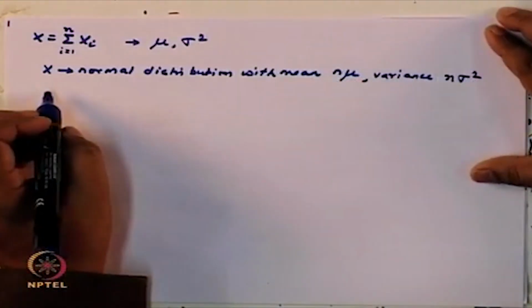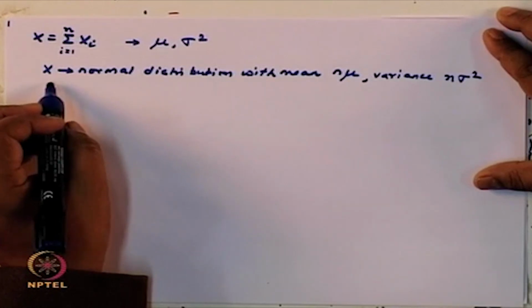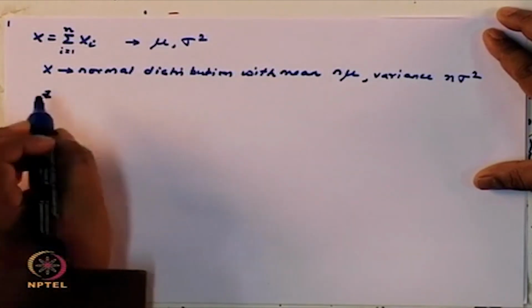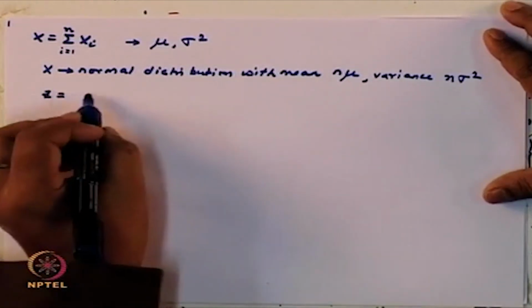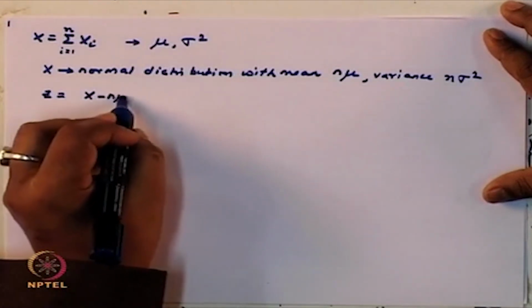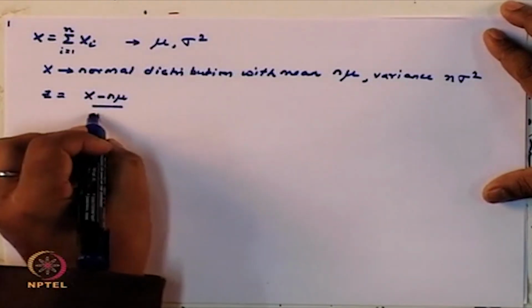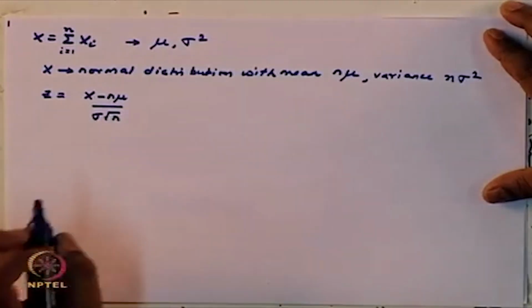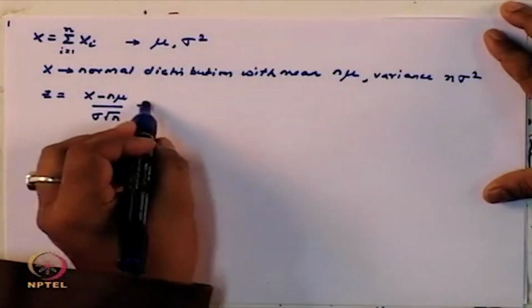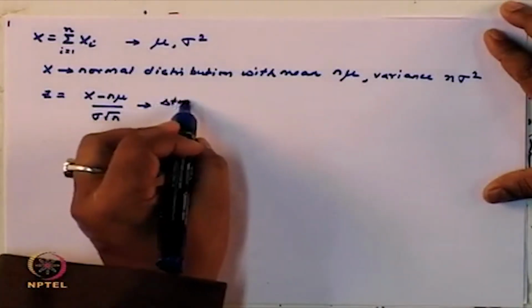We can also convert this normal variable by defining z as x minus n mu by sigma root n.